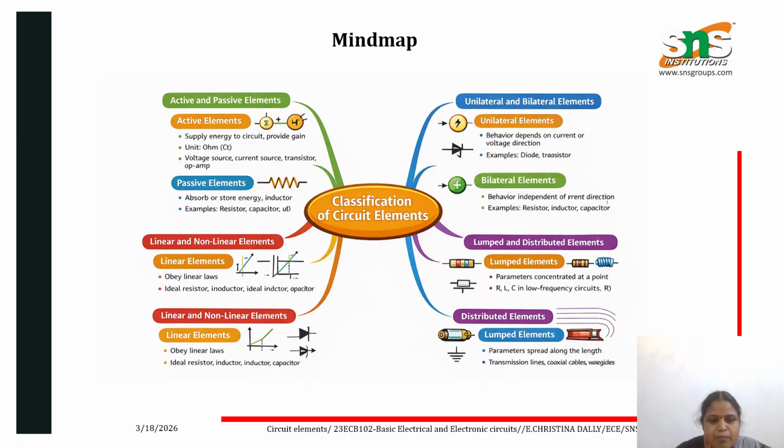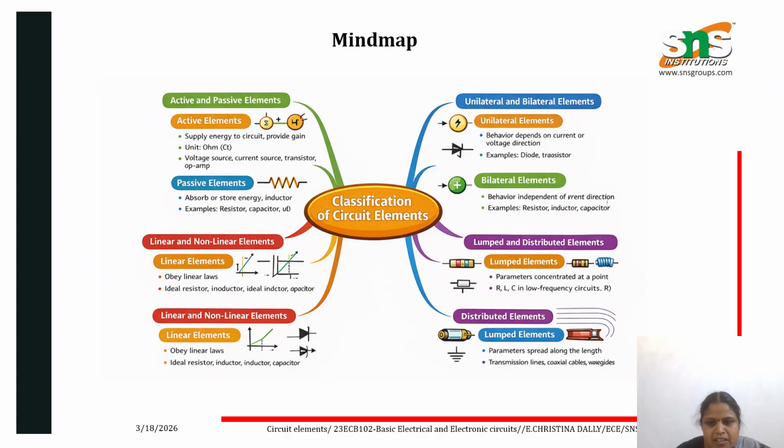So this is the mind map of the circuit elements. In the classification of circuit elements, we have active elements and passive elements. Active means we are supplying energy to the circuit, while passive absorbs or stores energy. In linear elements, they obey the linear laws, but non-linear elements do not obey the superposition theorem.